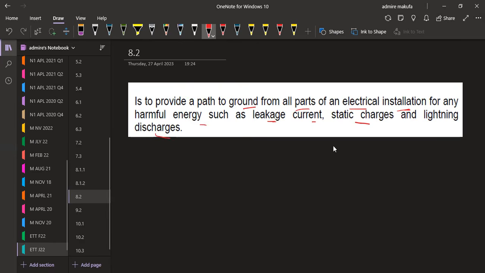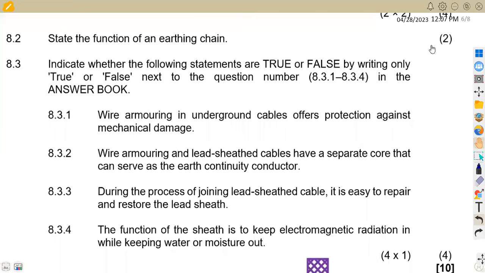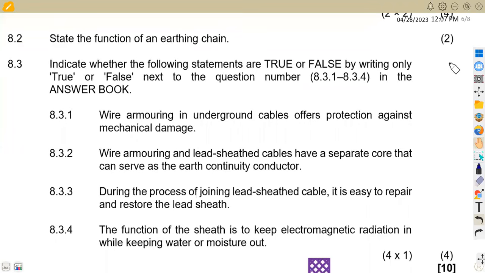So this is the function of the earthing chain, and we've got 2 marks for that.